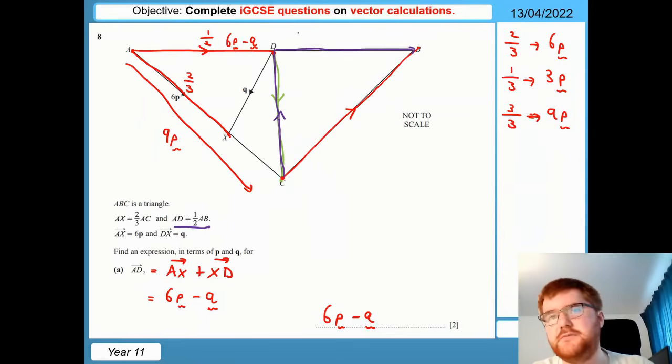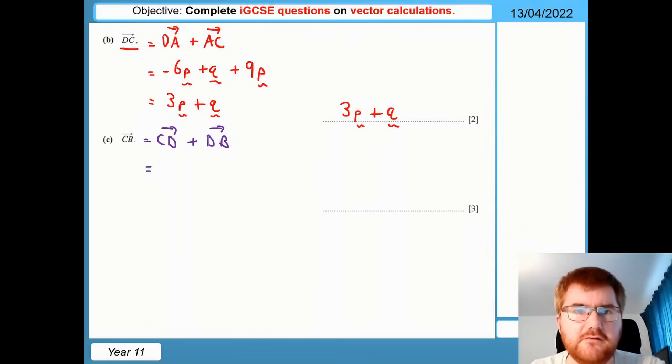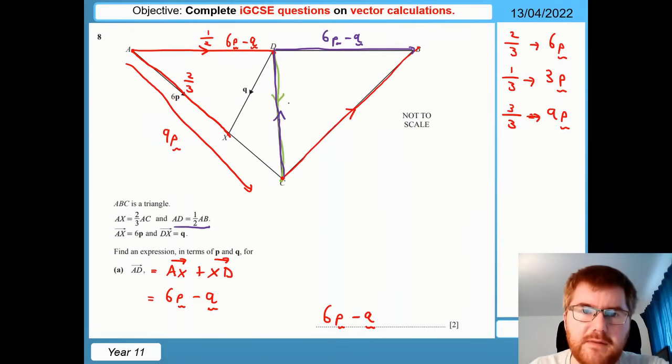It goes in the same direction and it's the same length. So we actually know that this is 6p minus q from question A. The vector C to D going in that direction, well, we worked out DC already, which is 3p plus q. So CD will be minus 3p minus q.